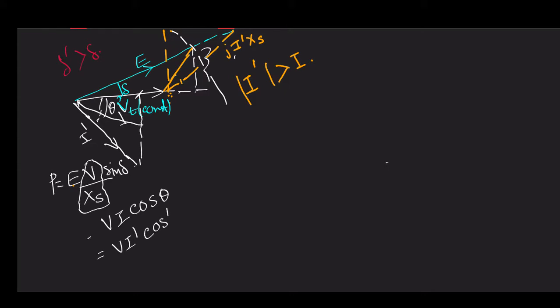They must be equal to this one. Now if you are not changing E sine delta, this P will become constant, so this VI sine theta and VI dash cos theta dash must be equal. Therefore this I dash, you can see, changes if we change E.